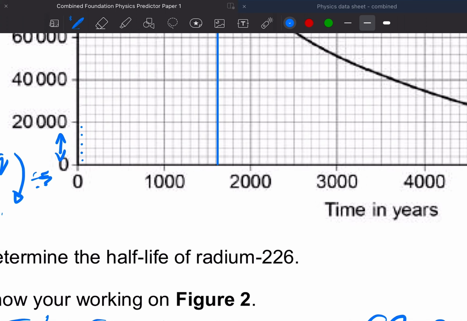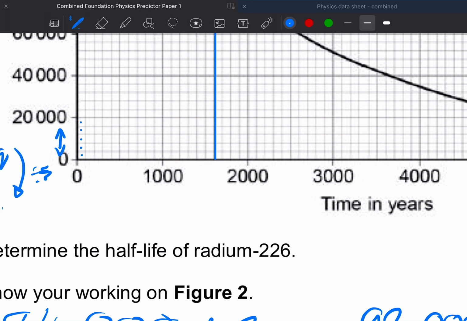So again, we've just got to figure out that scale. This time, I'm just going to rub this out. This time we've got 10 squares: 4, 5, 6, 7, 8, 9, 10 squares. So 10 squares is equal to 1,000. So every 10 squares, it goes up by 1,000.